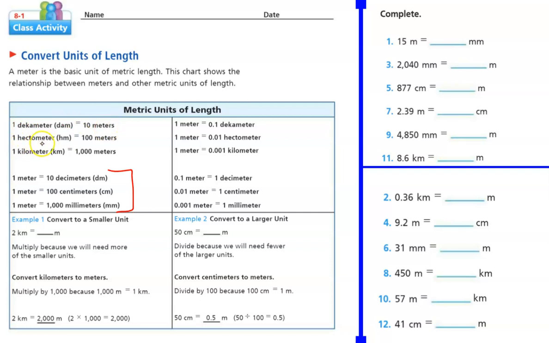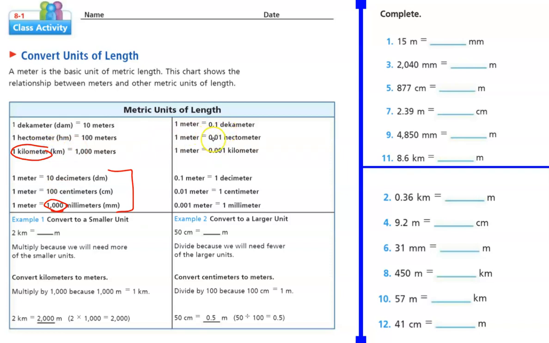You could travel 1 hectometer, which would be like going 100 meters. And you could travel 1 kilometer, which would be like going 1,000 meters. So think of these as distances. This is a very itty bitty, teeny tiny unit of measurement, whereas this is a really big unit of measurement.